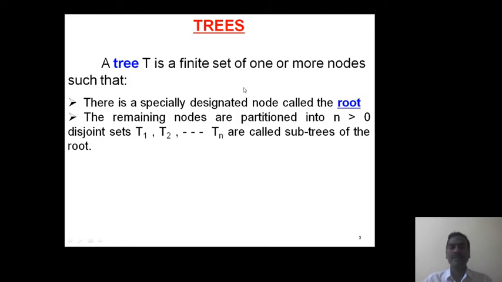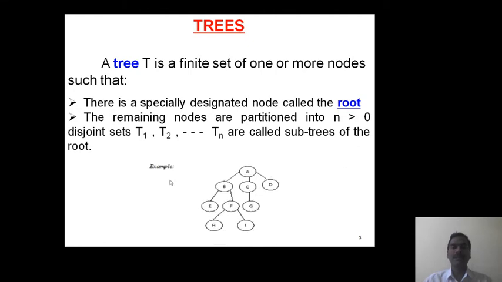Such a representation is known as a tree data structure. The simple thing: one node is treated as the root node and the remaining elements are partitioned into subtrees.